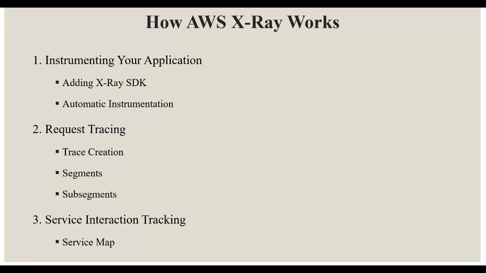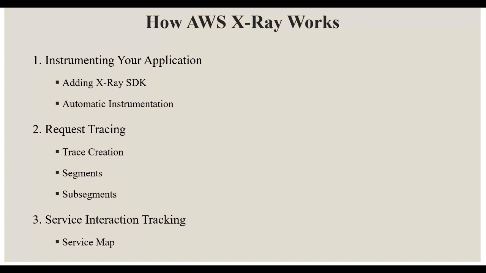The next is request tracing. Request tracing covers trace creation, segments, and subsegments. In trace creation, when a request comes into your system, the X-Ray SDK generates a unique trace ID that is associated with the request. The trace ID is passed along as the request flows through your services.